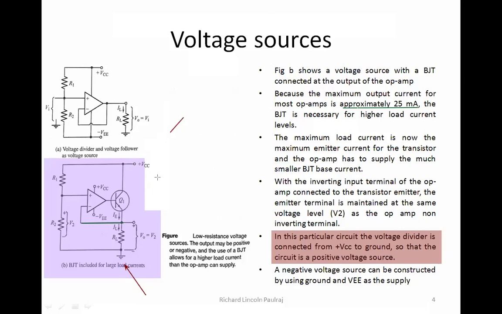If not, then I will connect it to minus VEE. That's what I have mentioned in my next point: a negative voltage source can be constructed by using ground and VEE as supply. So if I change from VCC to VEE, then it becomes a negative voltage source. Any doubts here, students?